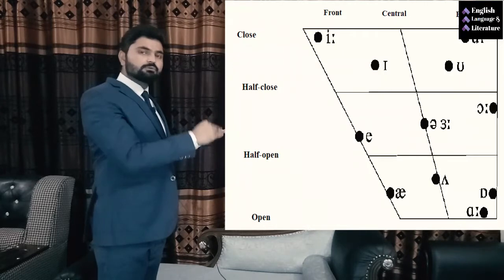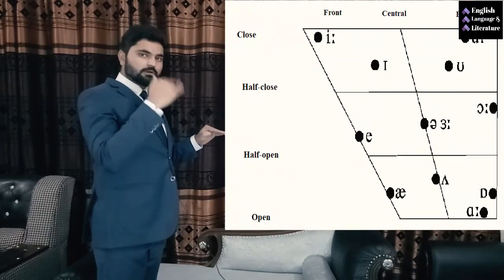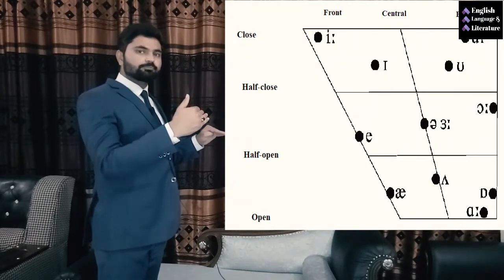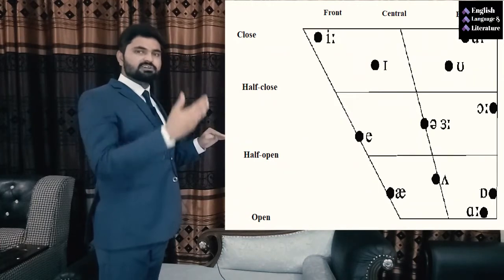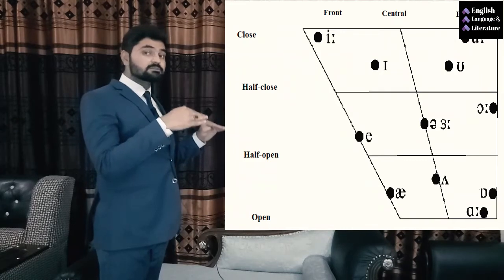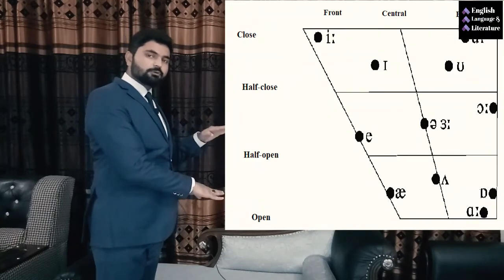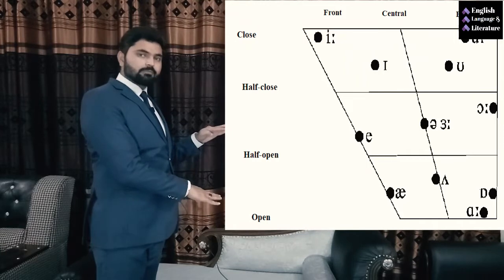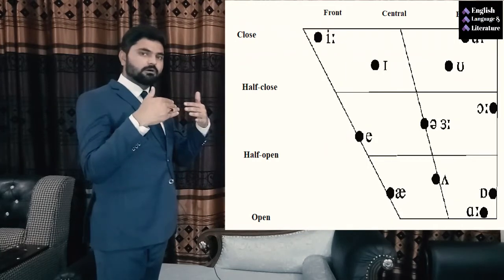Then we have the sound A, in which the mouth is half open. The tongue again does not reach the roof, it is lower than that, therefore it is half open. And then we produce the sound A, in which the tongue rests on the floor. So the mouth is open, there is no closure. These are the 4 front vowels.